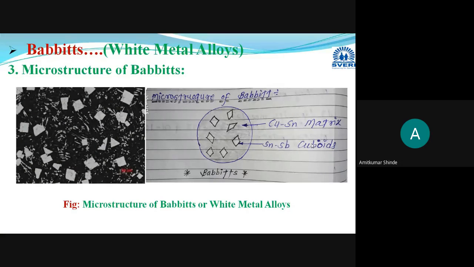Due to the addition of copper, what will happen? It will form intermediate or complex compounds of copper and tin. Due to that, gravity segregation of SnSb cuboids, or tin antimony cuboids, does not take place. So the bearing will become hard in a uniform way on the top surface.